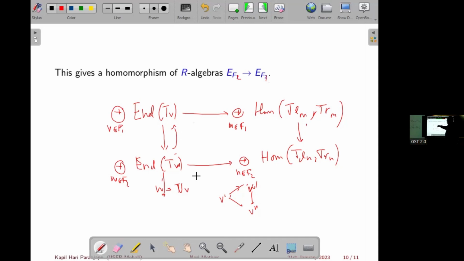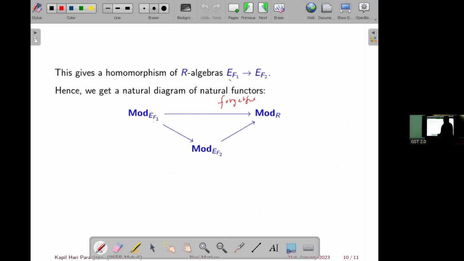Therefore, if I project into the components corresponding to EF1, I will get an element of EF1. So I get a homomorphism of R algebras EF2 to EF1, and thanks for pointing it out. Therefore, I get a morphism in this direction, by thinking of an F1 module as an F2 module.